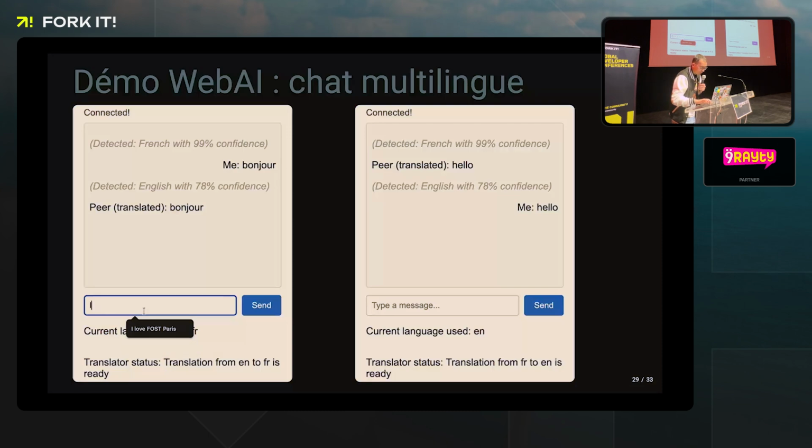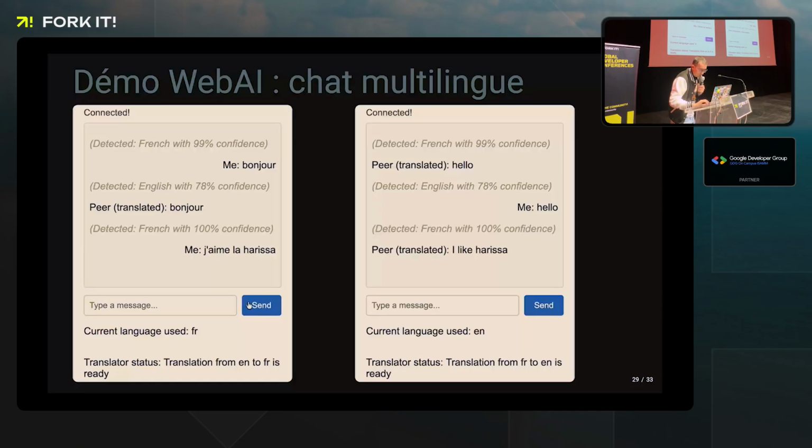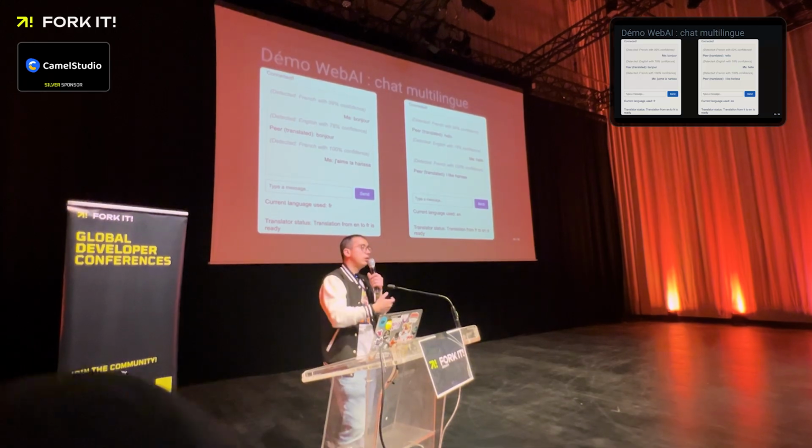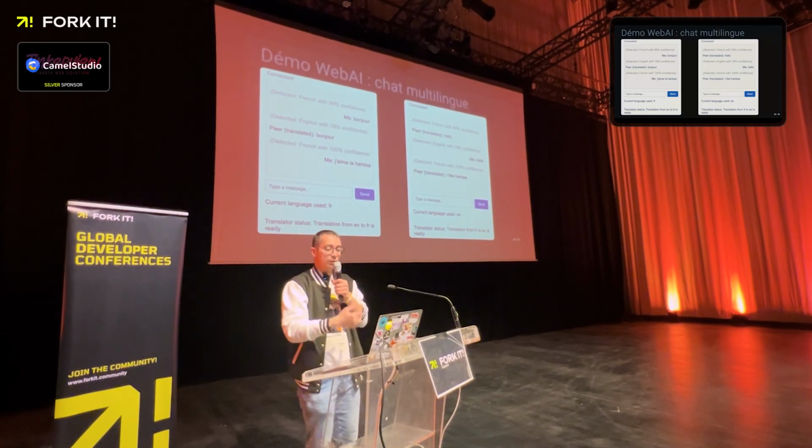And of course, I say j'aime la harissa. Let's go back one last time and say I like harissa. Oh, okay, now it works. So that's also another use case where you don't need the server to achieve it, but thanks to Web AI, you can have real-time translation and language detection between peers.